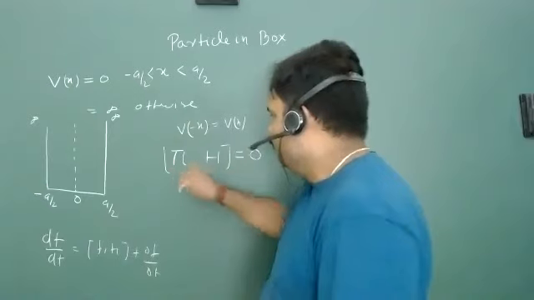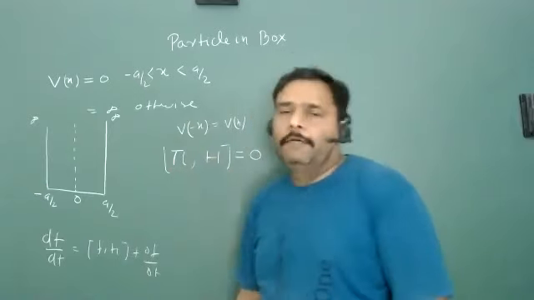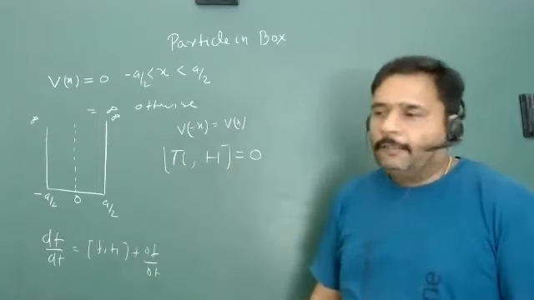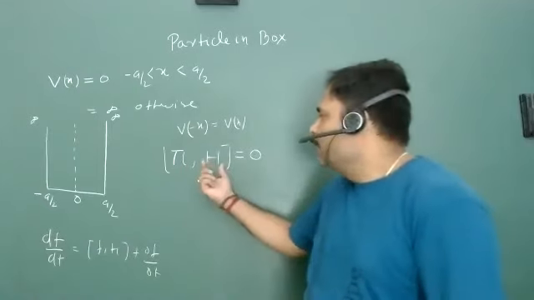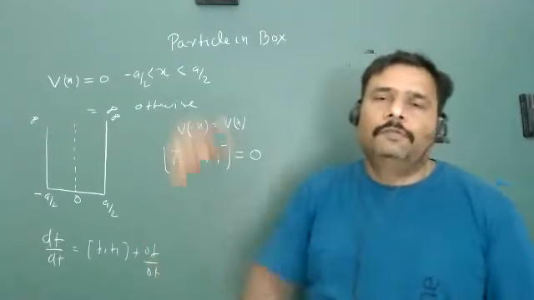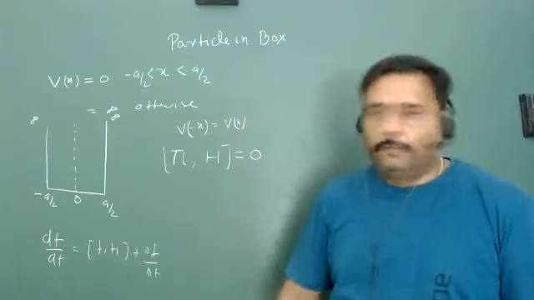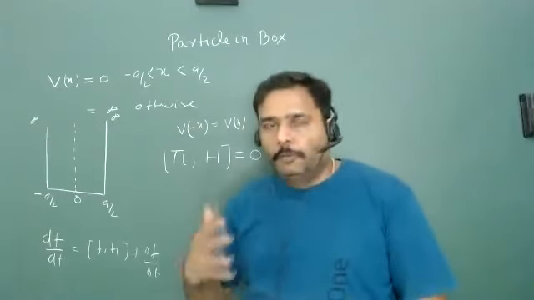So yes, the parity and the Hamiltonian are going to commute. What is the meaning of that? The eigenfunction of the Hamiltonian should also be an eigenfunction of parity. So we have to use this constraint.